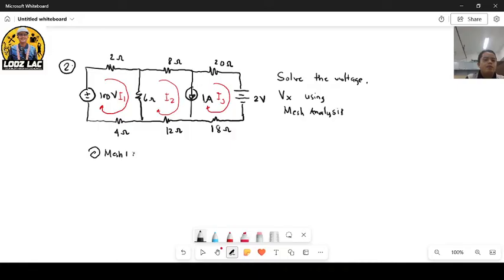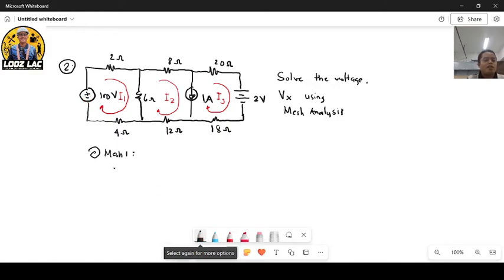So solving for the equation at mesh 1, in my first video, I told you, if you are inside mesh 1, voltage first, so from negative it goes to positive because the loop is clockwise. So we label this one as positive.